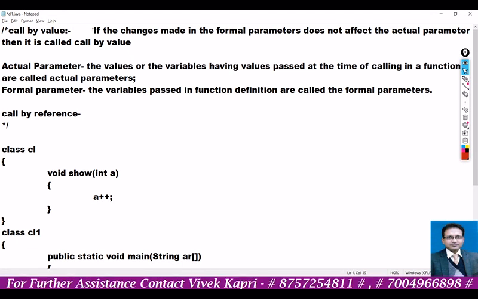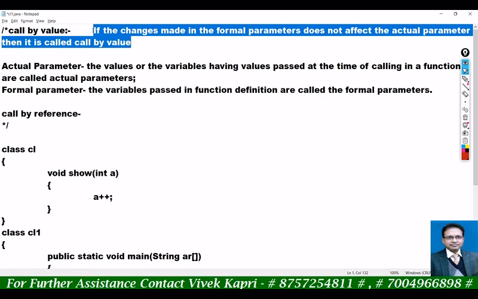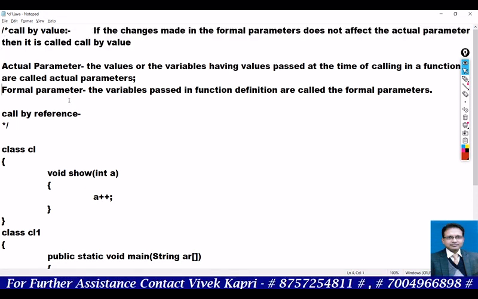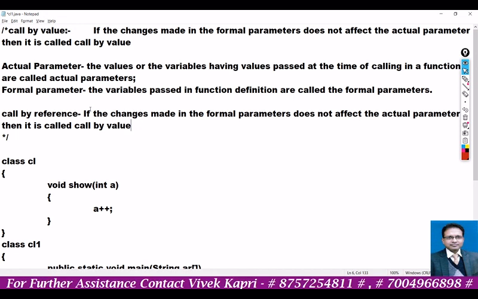I am taking the same definition so that you can look at the changes. If the changes made in the formal parameter are reflected in the actual parameter, then it is called call by reference.